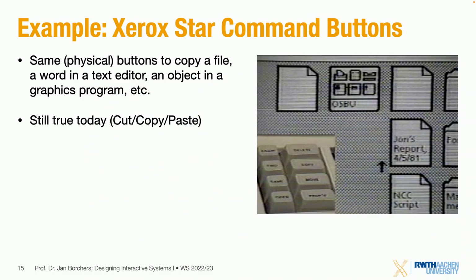And that is actually, to a certain degree, still true today, except now you have Control-X, Control-V, Control-C. So Control-C is sort of your universal copy command. A little less visible, right, for a newcomer. It's easier to see a button that says copy than to remember that, or to look up in the menu that you have to use this shortcut. But that's one of the prices we've paid for standardized keyboards.